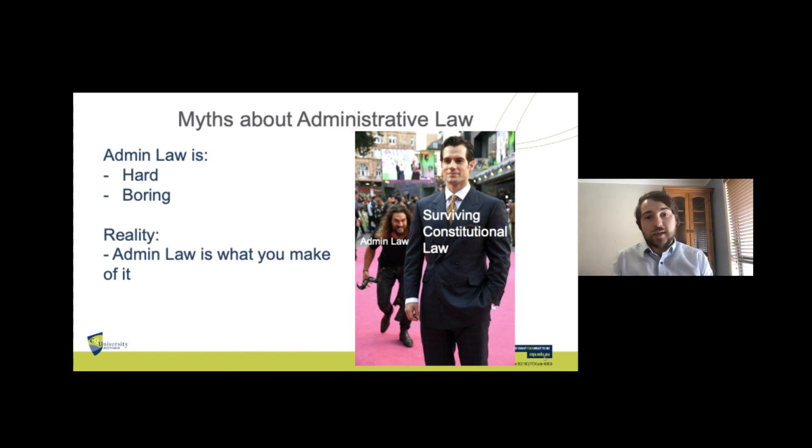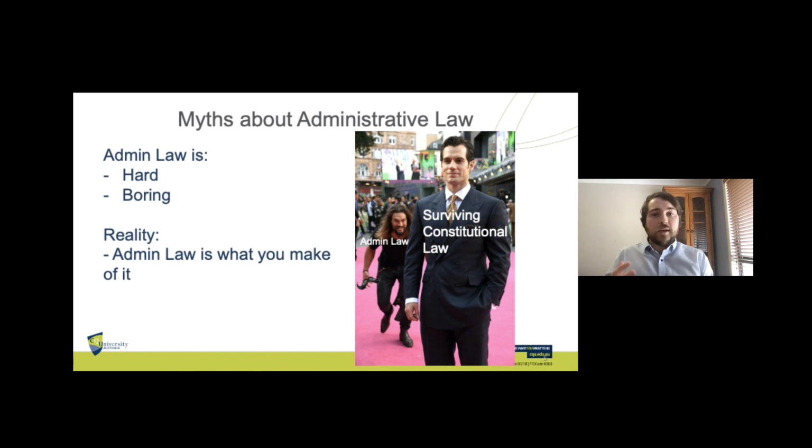If you go in thinking admin law is going to be hard and boring, it's probably going to be hard and boring. If you go in with an open mind, interested in the broader contextual factors, interested in the political factors that make individual cases really interesting, ready to see how administrative decisions affect your day-to-day lives, then it won't be boring.